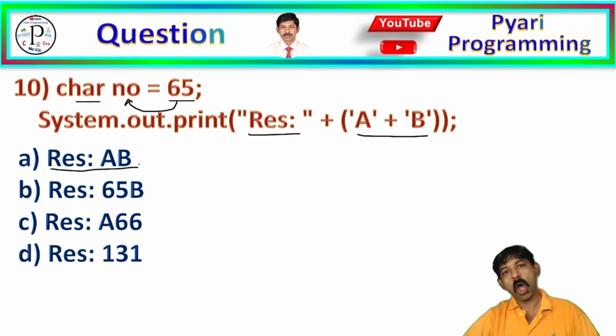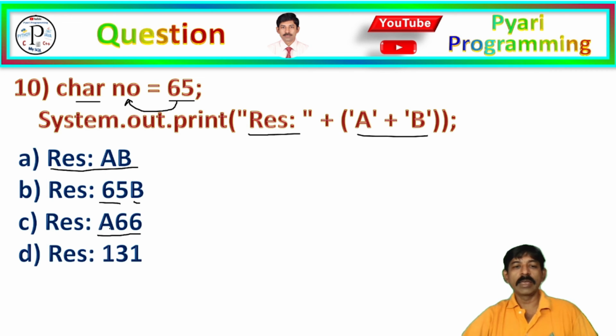That is wrong. Now obviously, as I said, if one is converted into integer, obviously the second is going to be converted into integer. In this case, one is integer, one is character, not possible because no string is available. Now this one is also not possible. A66: A is in the form of an alphabet and 66 in the form of an integer, but here a plus symbol is there and both are characters.